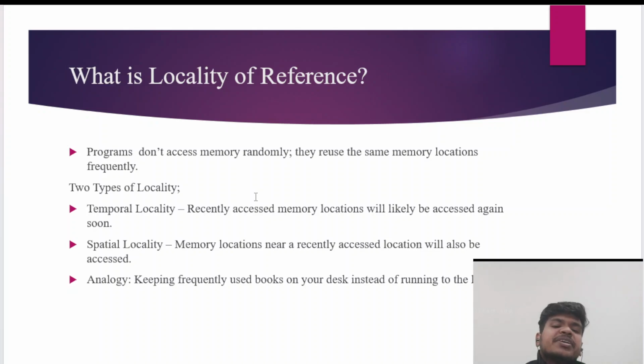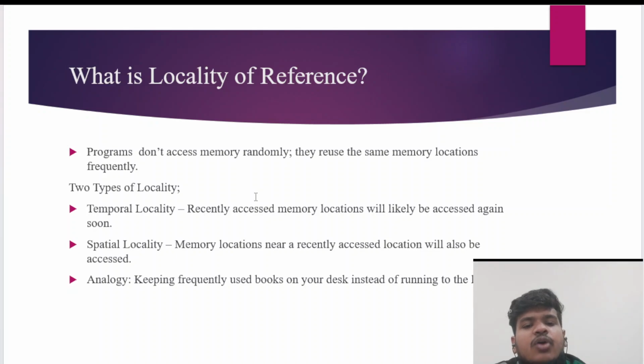Then we have spatial locality. It means that if a memory location is accessed, nearby locations will likely be accessed too. For example, if you are studying for an exam, you keep important books on your desk rather than going to the library, like I mentioned before.